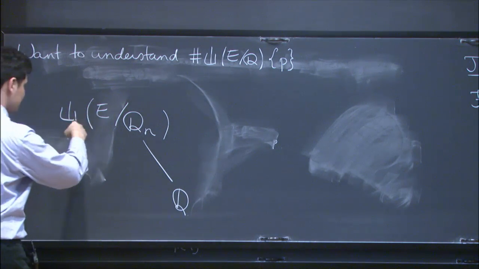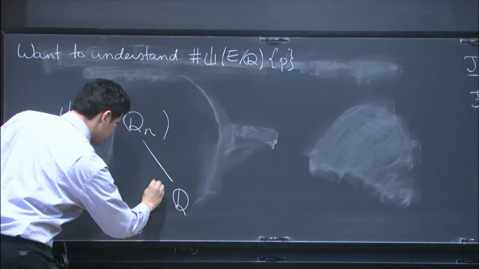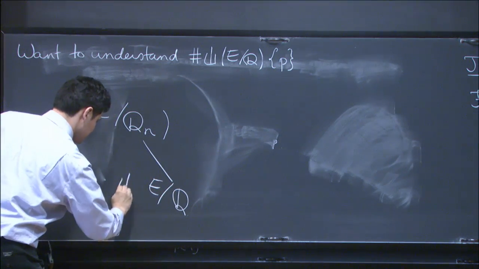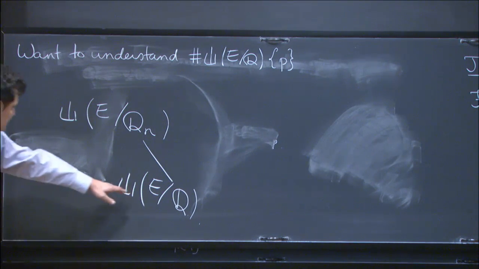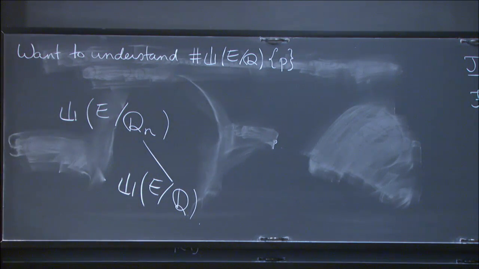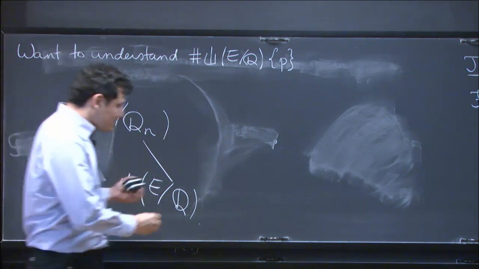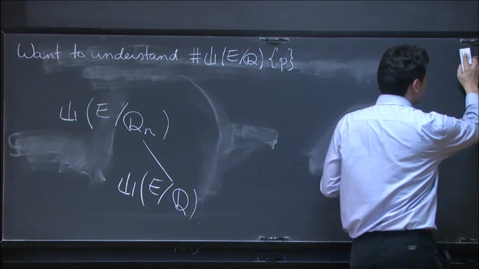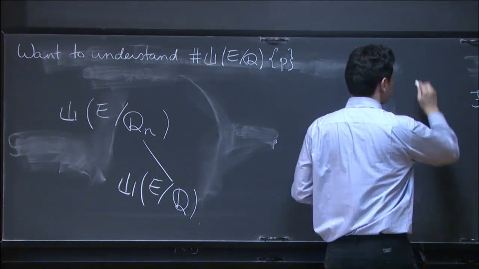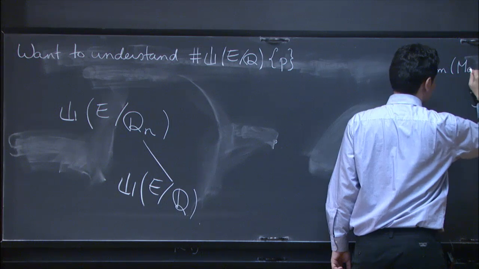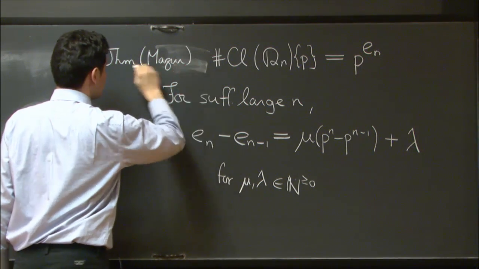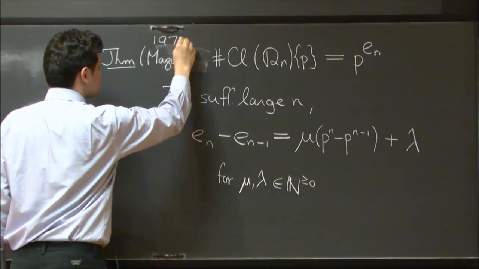If you understand all of these, then maybe you can understand the size of the SHA that we're interested in. Here's a theorem that Mazur proved in the 1970s. I think that's 1974.